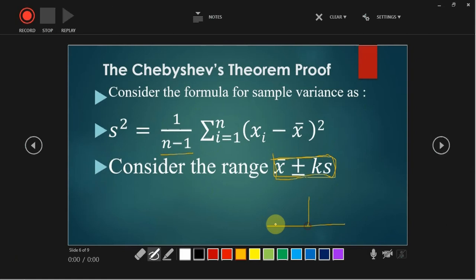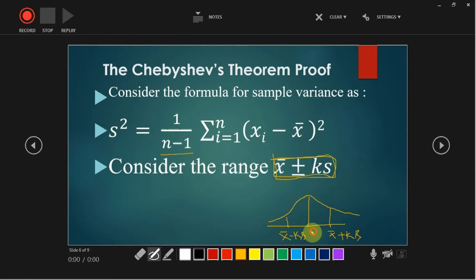If we consider a range, this is mean minus k standard deviations, this is mean plus k standard deviations.